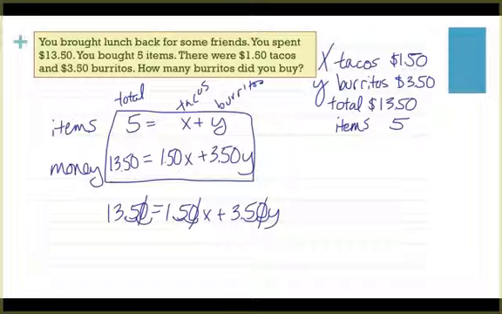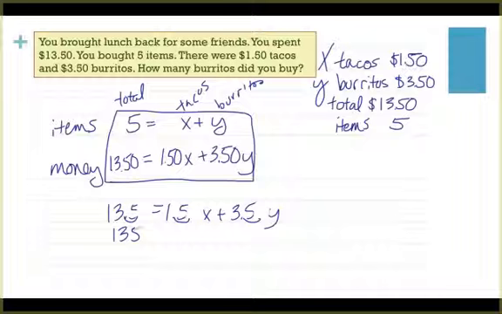Let's say that a different way, because I bet I just lost some people. I don't need this 0, this 0, or this 0. I have 13.5. That's what it means to be $13.50. I have 1.5, that's $1.50. I have 3.5, that's $3.50. So I really just need to move this once, and that'll keep things a lot smaller.